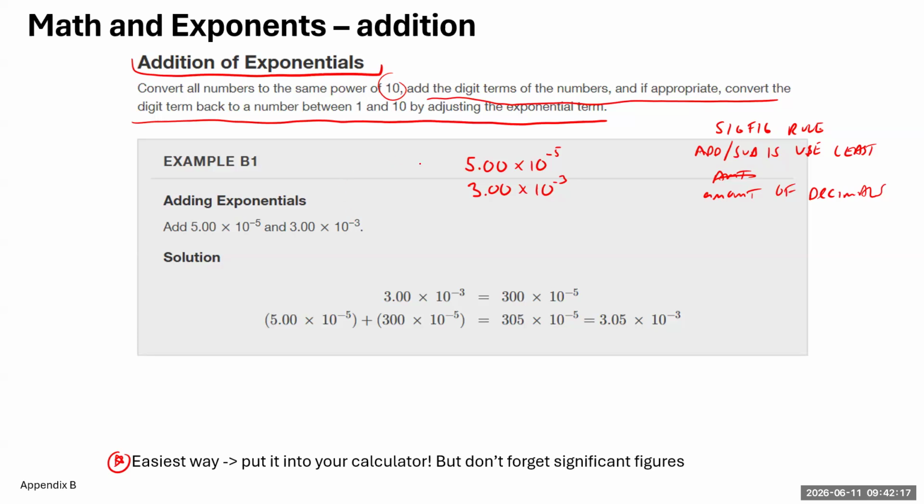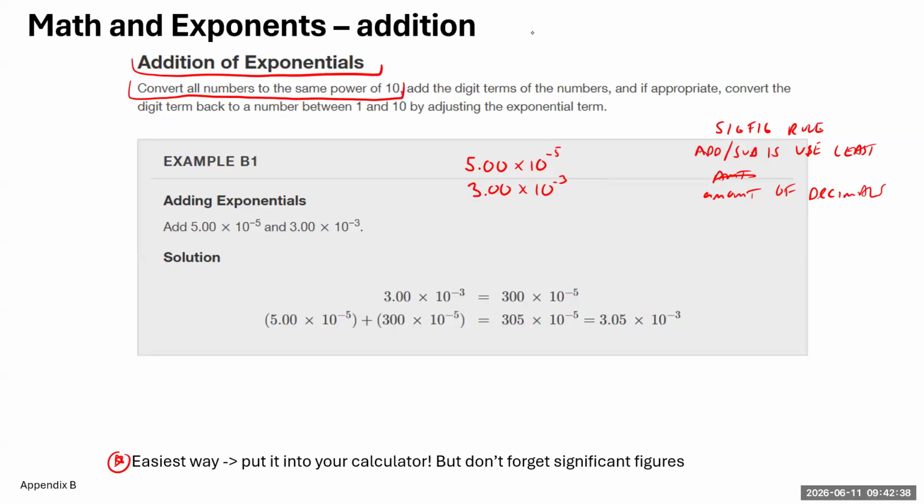But it's not, right? Let's convert one of these to the same exponent. And let's just recap there. Let's start over here. It says convert all numbers to the same power of 10.